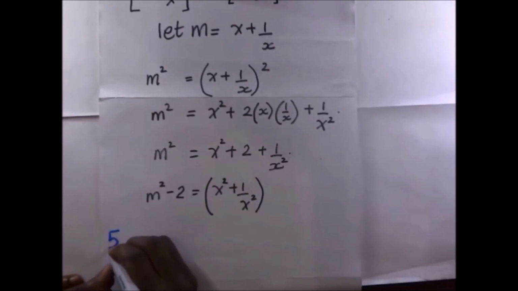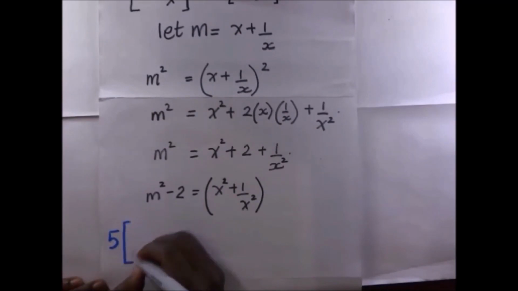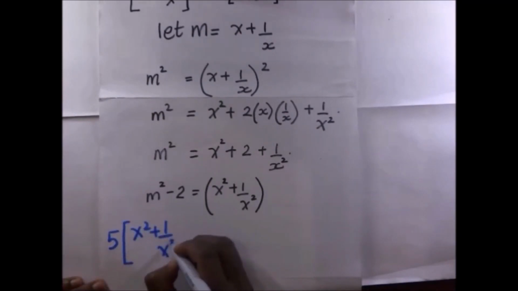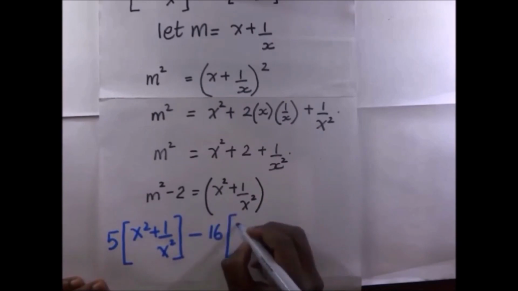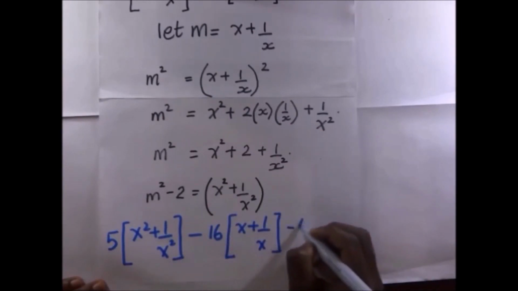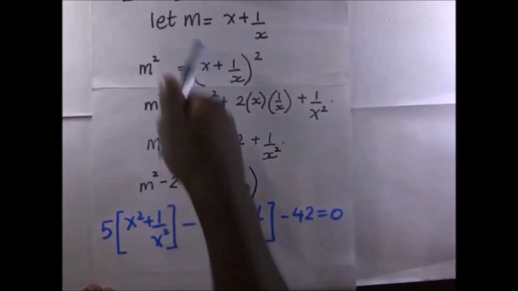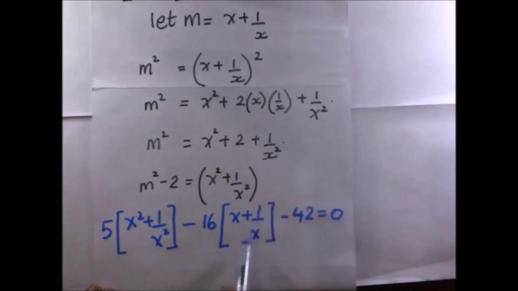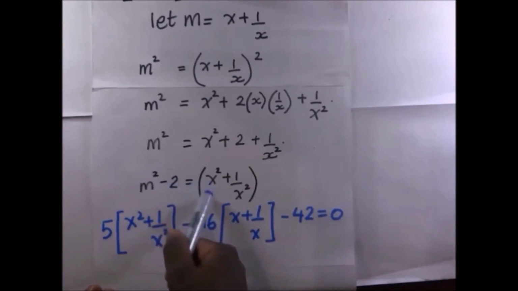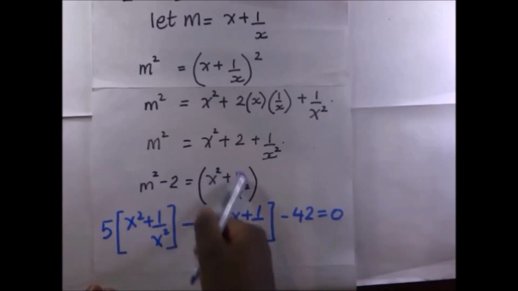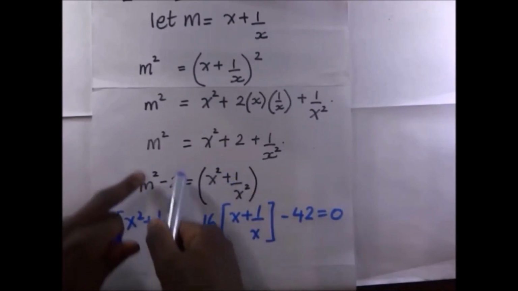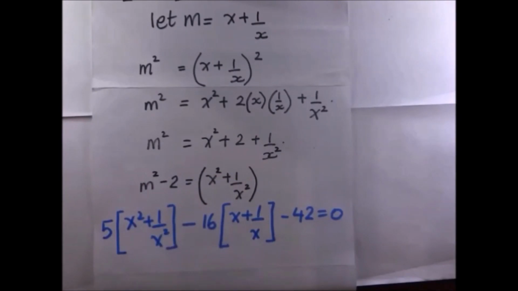Our equation was originally 5 into x plus 1 over x, so this is going to become m. And m squared minus 2 is equal to x squared plus 1 over x squared. So this term we are going to substitute for, and we simplify the equation.